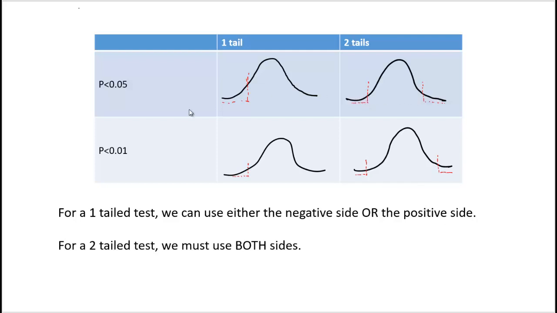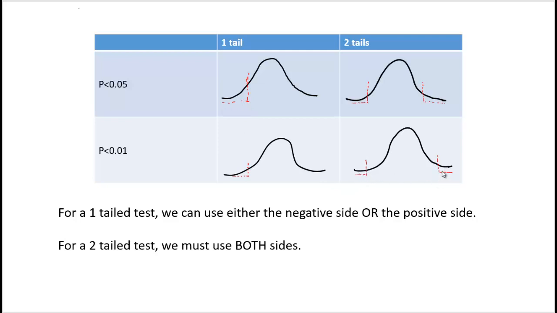There is a chance that you might run into a hypothesis testing procedure that uses a cutoff of 1% or 0.01. We don't use those in this class because it's not a conventional level of significance for statistical work in the social sciences. But just to show you, this rejection zone for 1% is even smaller than the rejection zone for 5%. And for a two-tailed test, it's even smaller.